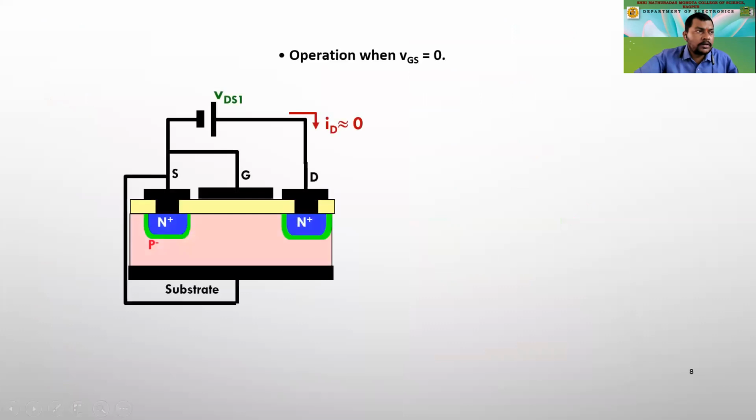The next is the ID current. So if you have not applied anything on the gate, or you have applied a ground to the gate, there are no charges deposited on this metal surface, and the ID current which is supposed to flow is approximately equal to 0.